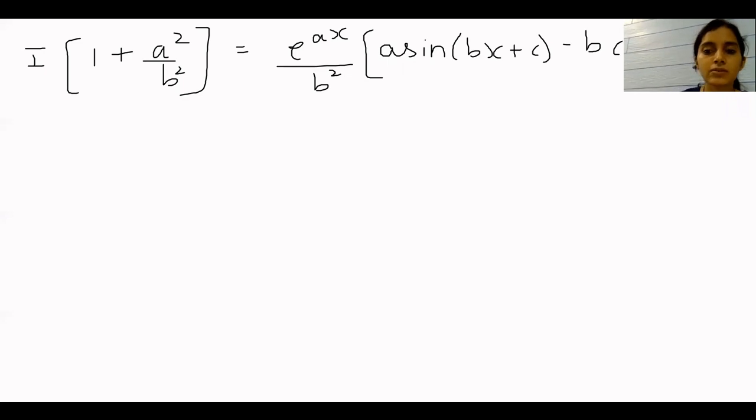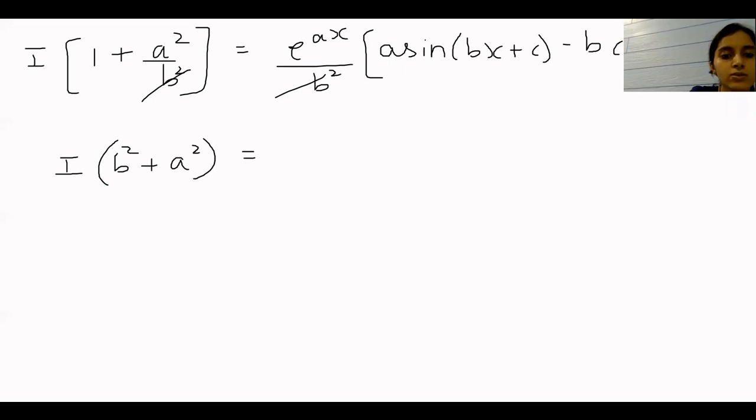Now when you take the LCM, b square from both sides will get cancelled and I will have I times b square plus a square equal to e raised to ax and the whole bracket over here.